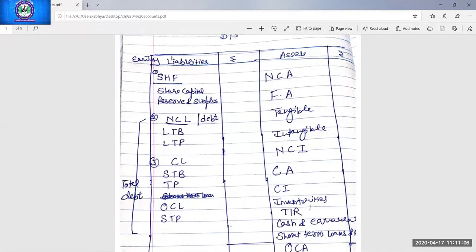Which 4 types? Liquidity ratios, solvency ratios, profitability ratios, and turnover ratios. Out of those 4 we started with the liquidity ratios.